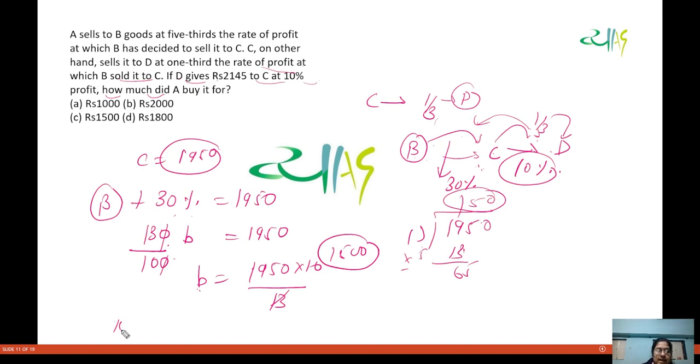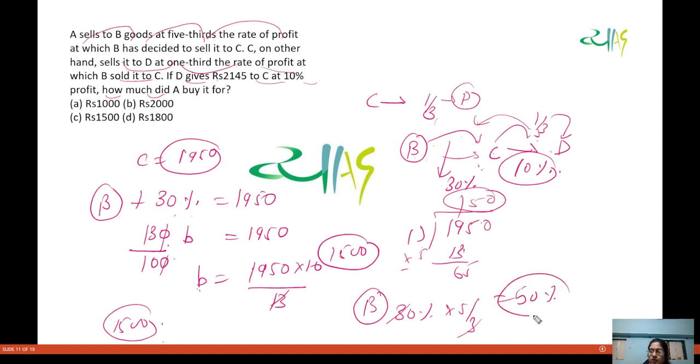Now look at this. This person B got it at rupees 1500, but it is saying A sells to B goods at 5/3 the rate of profit at which B has decided to sell it to C. So 30% profit B is taking, but 5/3 of this profit A is taking. So that means A is taking 50% profit.